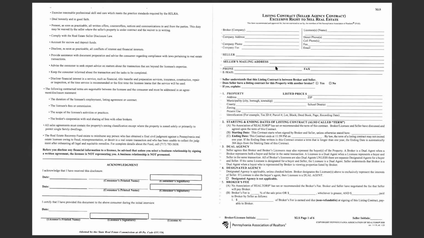Okay? We move on to paragraph 2, starting and ending date of the listing contract, also known as the terms. No association of realtor has set or recommended the terms of this contract. Broker/licensee and seller have discussed and agreed upon the terms of the contract.